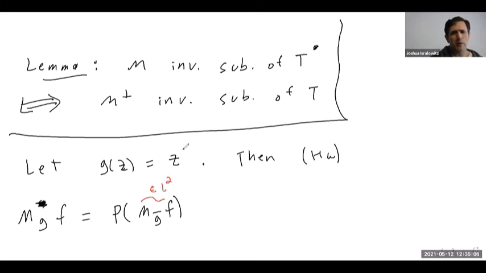In particular, G is bounded by 1 on the disk. So this is in L2, and this whole thing here, because we're taking the projection, takes L2 to the Bergman space. This is in A2.